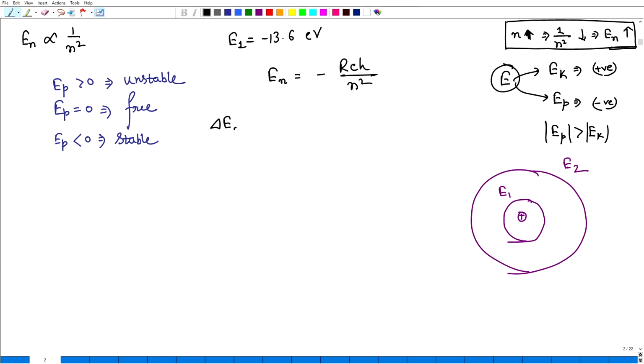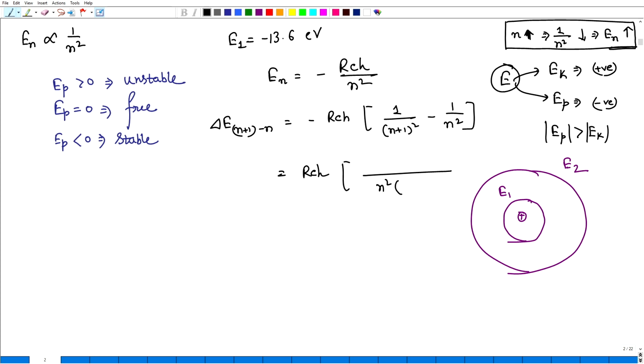So what will that be? Let us say delta E between n plus 1 and n, then it will be RCH, correct? The negative sign is absorbed, then it will be n square.